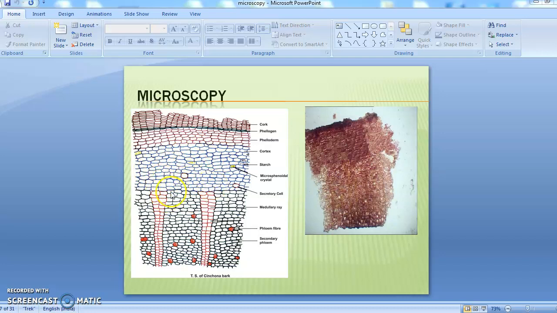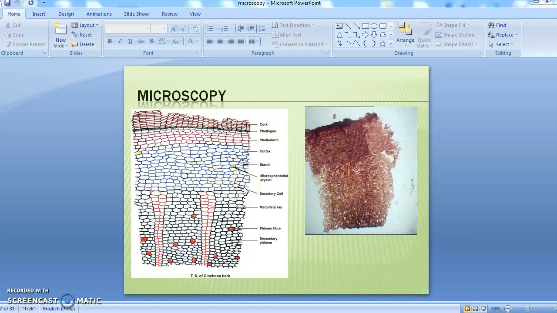Below that, the secondary phloem is present. The secondary phloem first contains the secretory cells, and it contains the sieve tubes. These sieve tubes are present at the end of the walls, that is, at a boundary line.